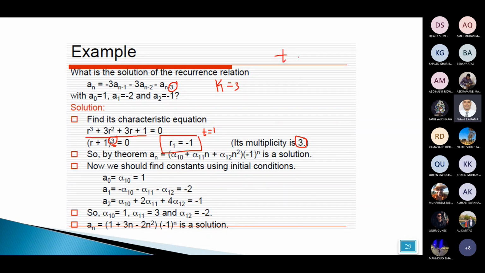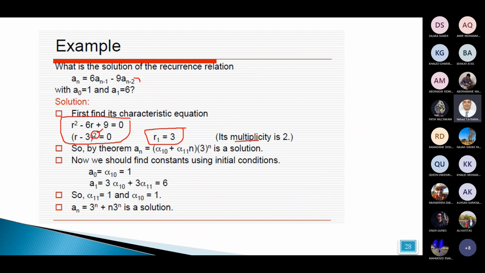When you have t less than k, you will apply the second theorem, not the first theorem. Here, we have k as 2, and here one term, so t equals 1. So also we have t less than k. So we will apply the second theorem, not the first theorem.